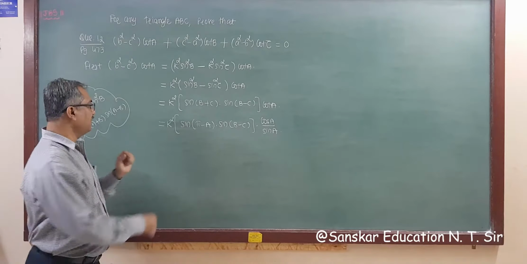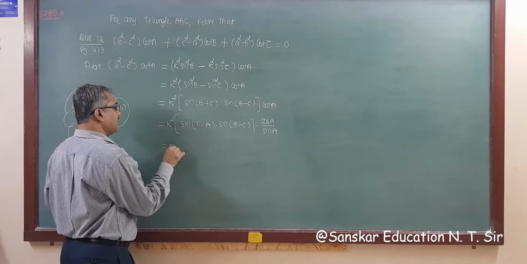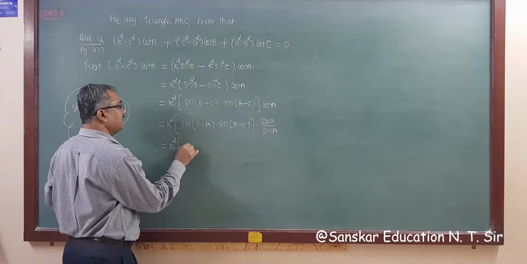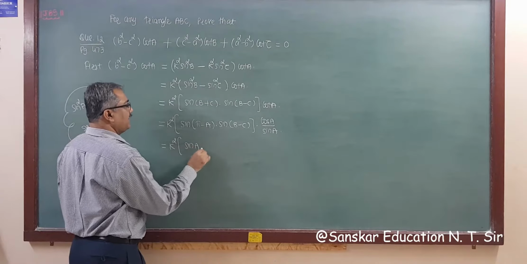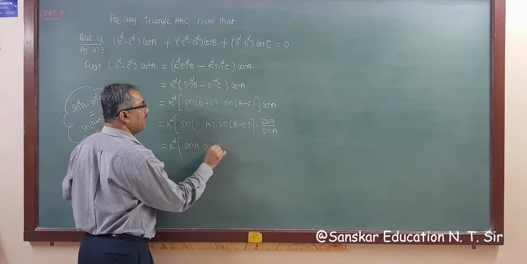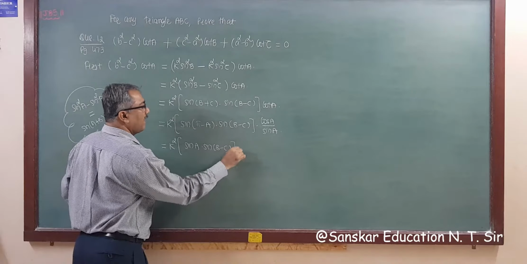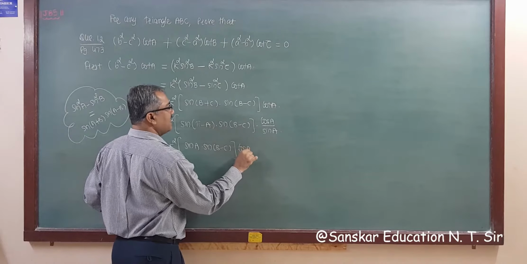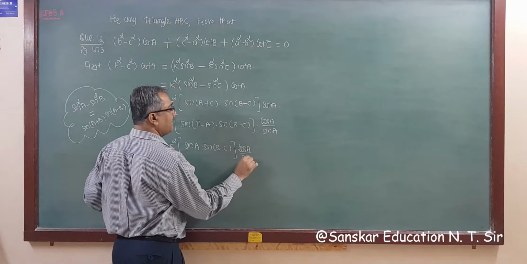That is sine A. So I'm writing directly sine A. So this is k square sine A into sine B minus C into cos A upon sine A.